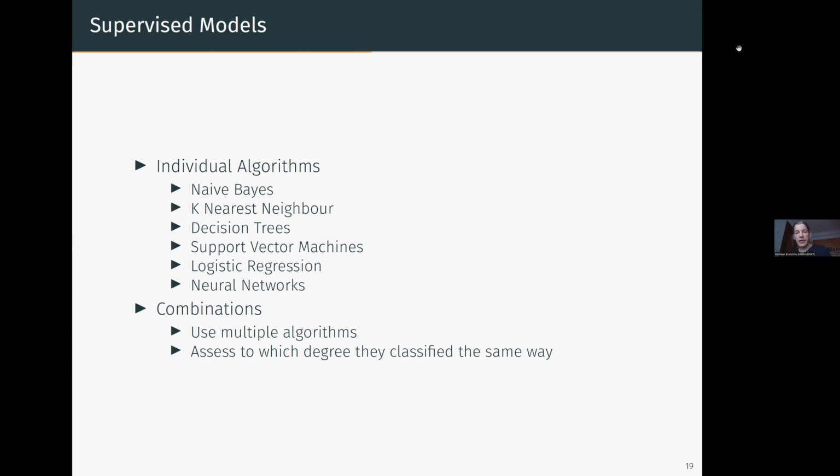And then we have another category of traditional methods, which is known as supervised learning. And here we have algorithms like naive Bayes, k-nearest neighbors, decision trees, support vector machines, logistic regression, neural networks, and very often these are combined. So you might use k-nearest neighbor with a logistic regression on top.